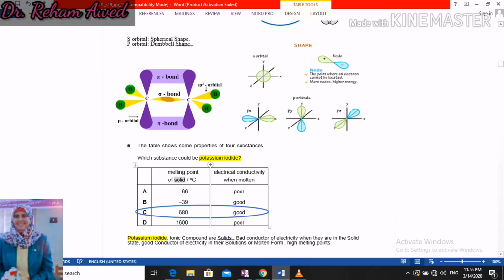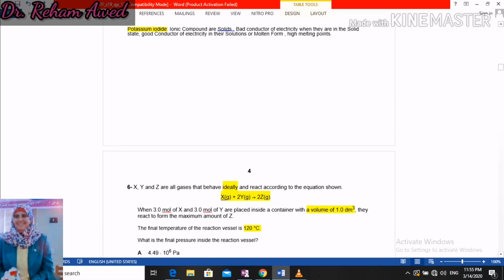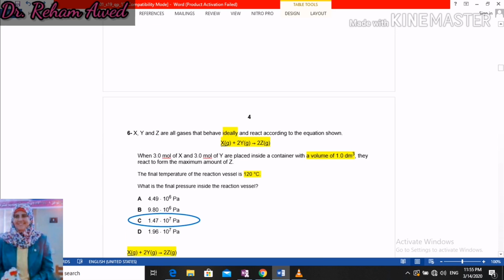In the case of ionic compounds, when we have a molten solution, we have free potassium cations and free iodide anions. So the free movement of ions makes it a good conductor of electricity. So the best choice is C. The melting point is 680 and it is also a good conductor of electricity.